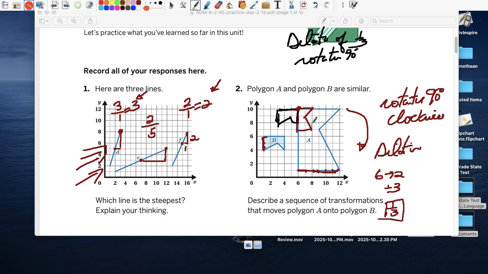You can see that this is rotating that way, 90 degrees clockwise. And then from here, to get from this point to this point, it'd be 2 to the left, and 1, 2, 3, and 4 down. There's your translation.